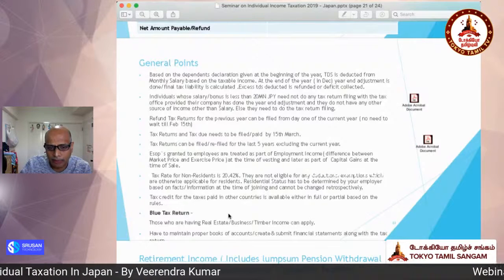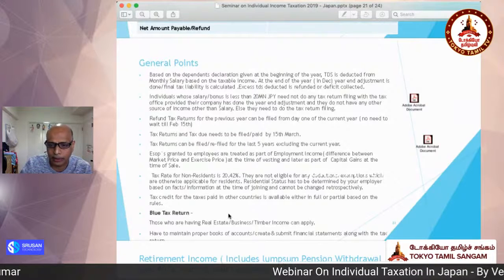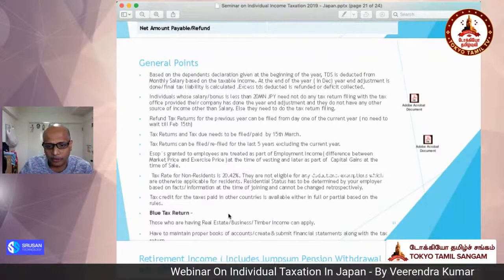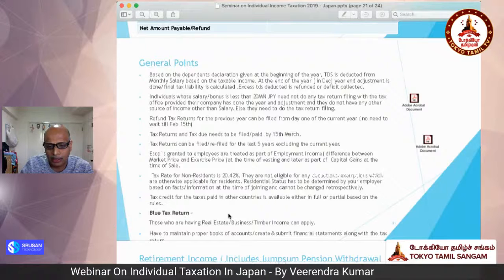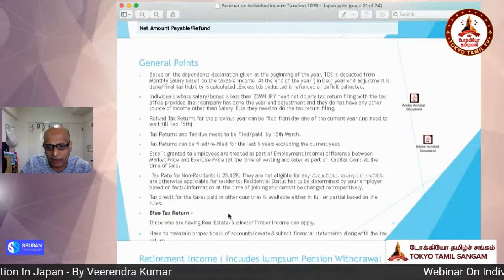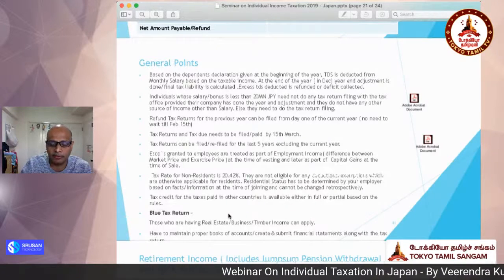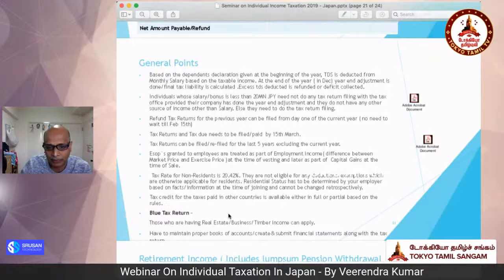Many companies do offer ESOPs to employees as a part of the employment contractual obligations. ESOPs are also considered as employment income and are taxed at the time of vesting as employment income, and when you sell them, it is taxed as a capital gain.